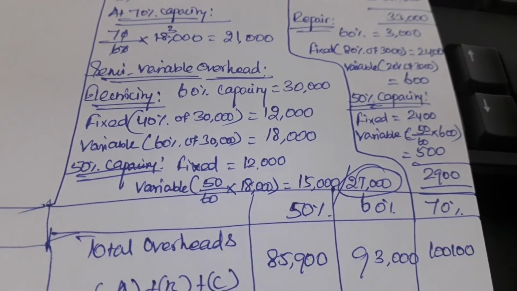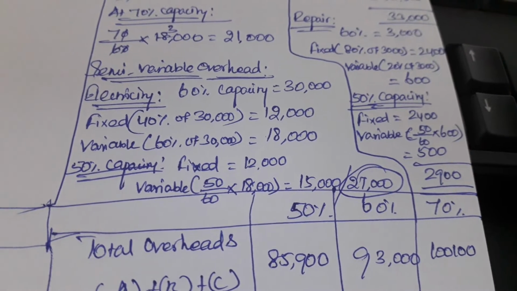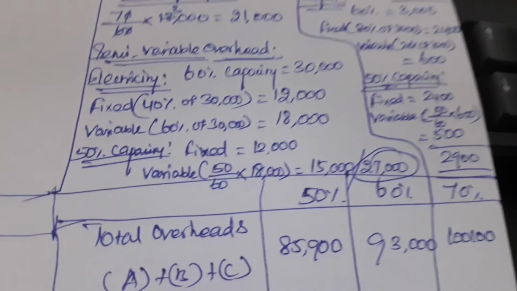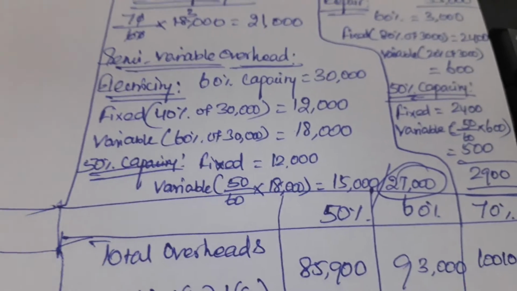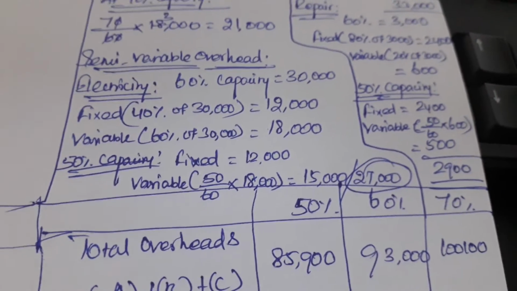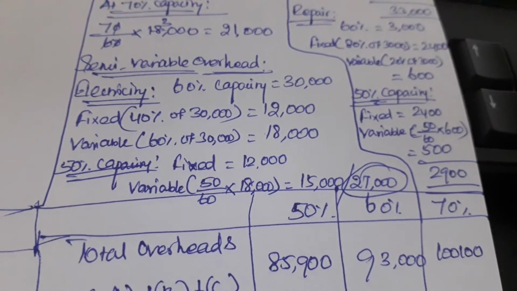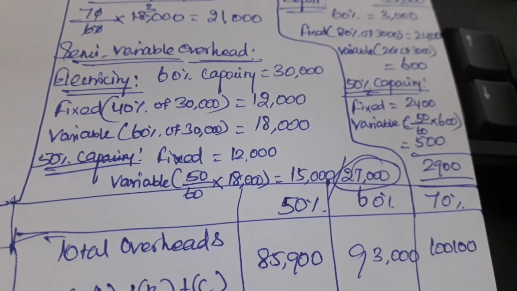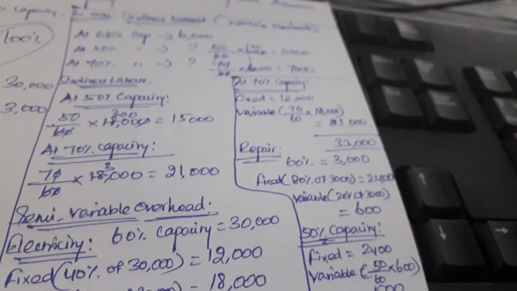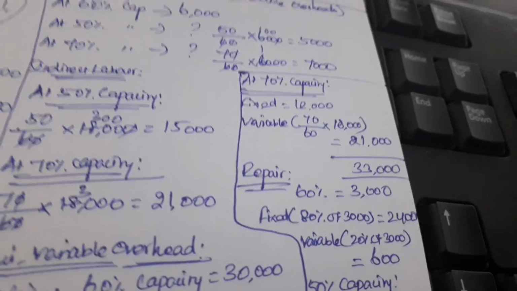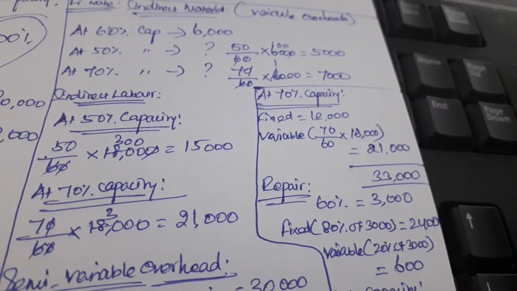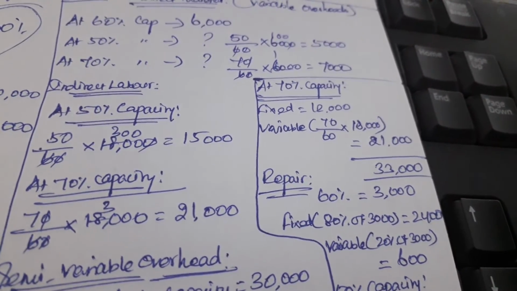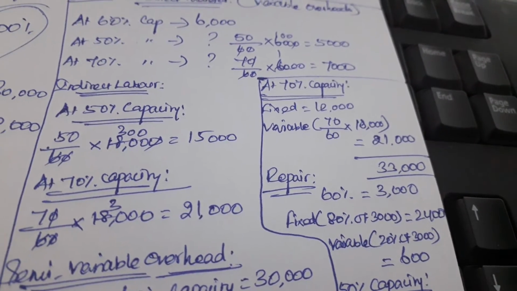To calculate them, we divide 50 by 60 and multiply with 18,000, because variable overheads are 18,000 here as per the 60% capacity. So we finally get 15,000. At 70% capacity we get fixed overheads 12,000 and variable overheads 21,000. It will go to the solution.